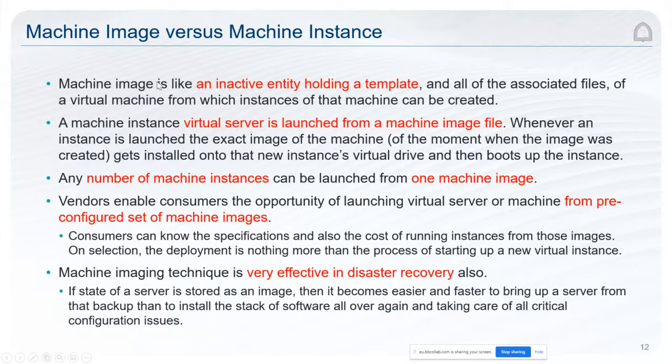There are two types: machine images and machine instances. The machine image is like an inactive entity holding a template. Machine image is like a file, and this file is not active. It's like saving one file, like the ISO file.